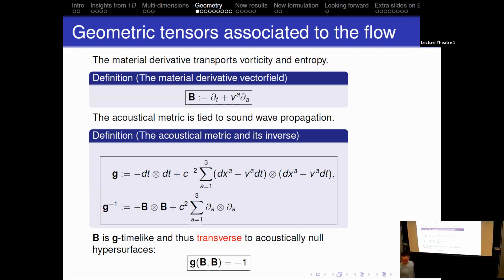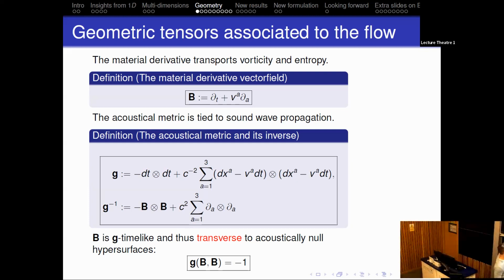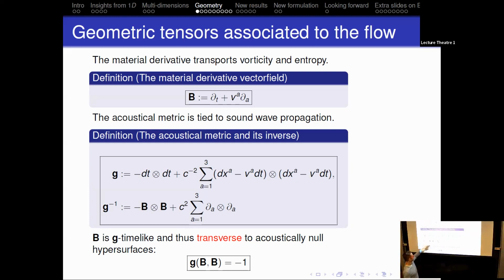What this means in practice is that if you have a hypersurface that is null with respect to this metric, and you look at the vector field B along such a null hypersurface, it will be transversal.